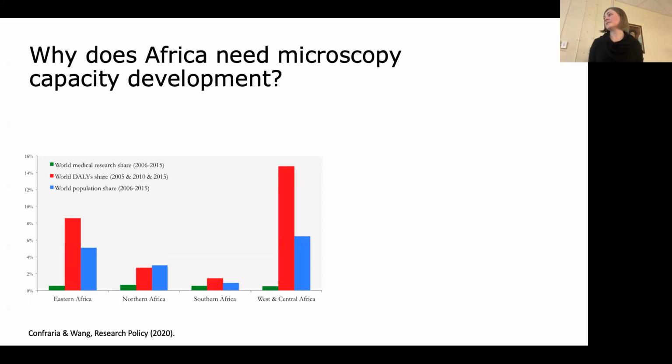Representative to world populations, you can see that Africa across all regions has a disproportionate disease burden per capita. On the flip side, all those very small green bars at the bottom are the representative research output coming from each of the regions in Africa. So for the proportion of challenges that Africa deals with, there is limited research output capacity.